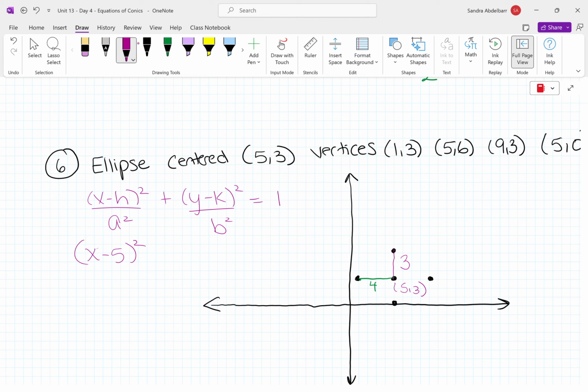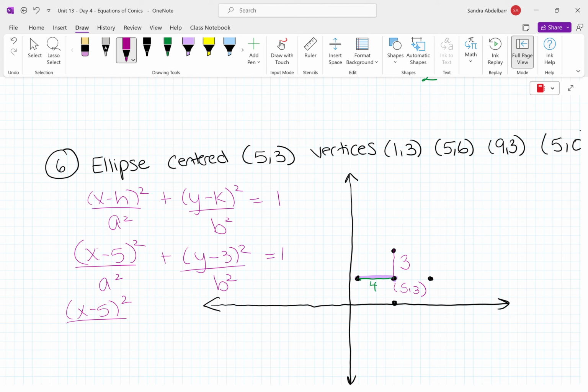You got it. So now our center is the point 5, 3. So I'm going to have x minus 5 squared over a squared plus y minus 3 squared over b squared equals 1. And now remember, our a is our major axis, our b is our minor axis.